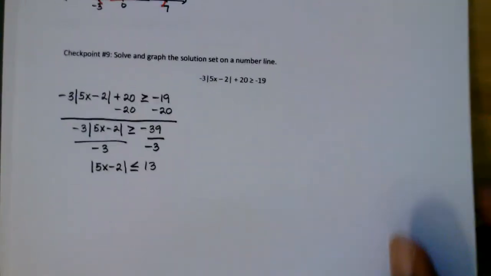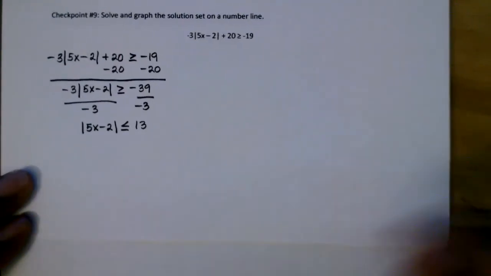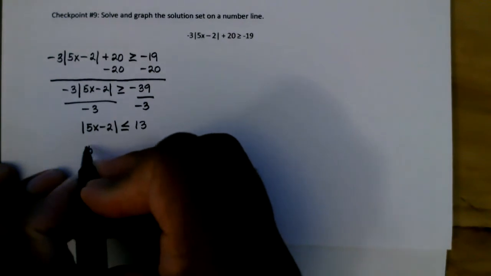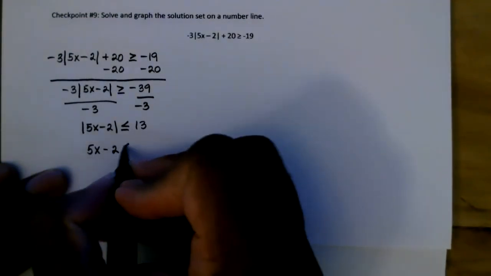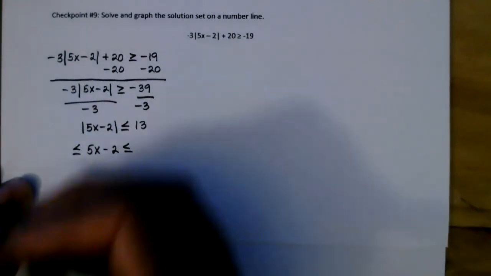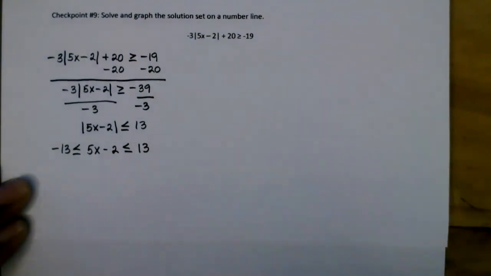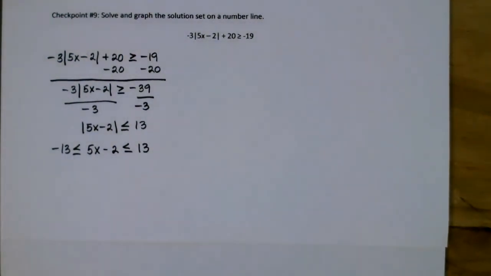And what that means here is this. The 5x minus 2 inside the absolute value bars goes in the center of your two less than or equal to symbols. The 13 will be negative on the left. The 13 will be positive on the right. So this is the compound inequality that I have here.